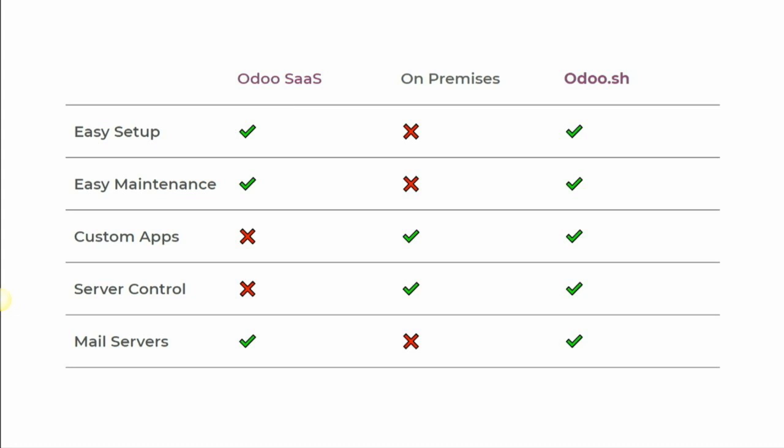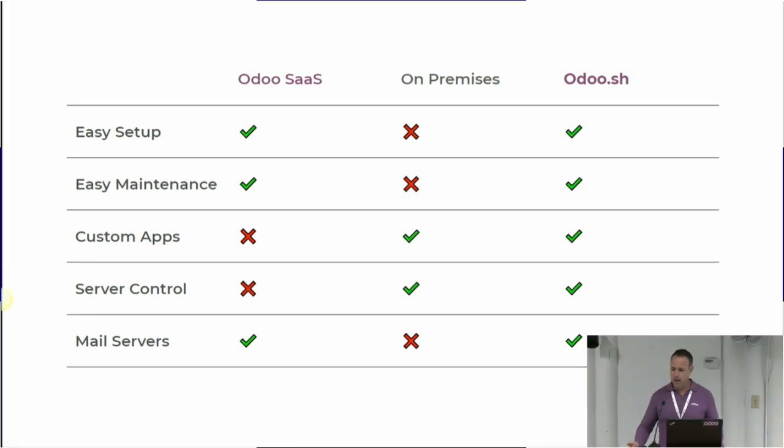So those two platforms, obviously, they have their pros and cons. And in this grid, we see that on Odoo SaaS, it's a very easy setup. It's our server, it's our platform. You go online, you start an instance, you add your applications, your users, you purchase the enterprise license, and you're good to go. We take care of the rest from the back end. It's easy maintenance.